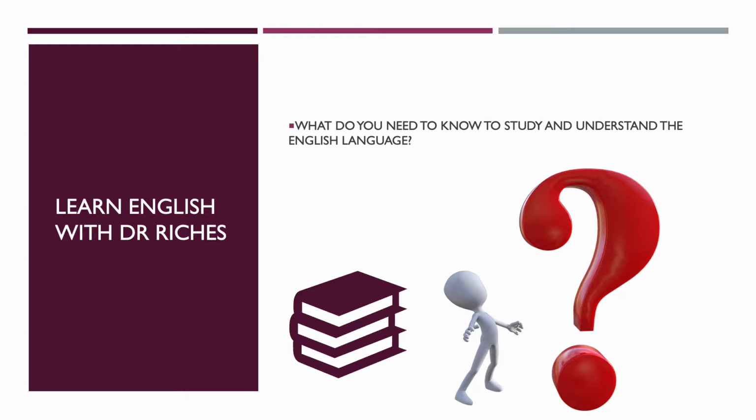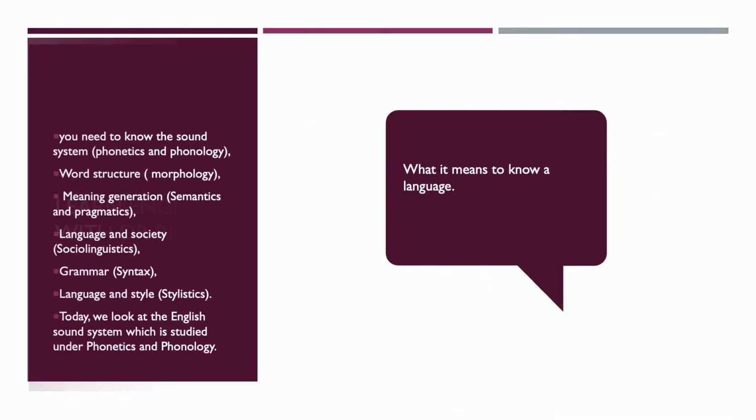Now, what do you need to know to study and understand the English language? You need to know the sound system. In English, the study of the sound system is treated under phonetics and phonology.